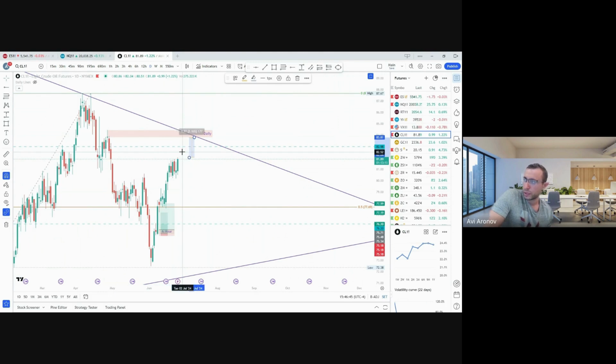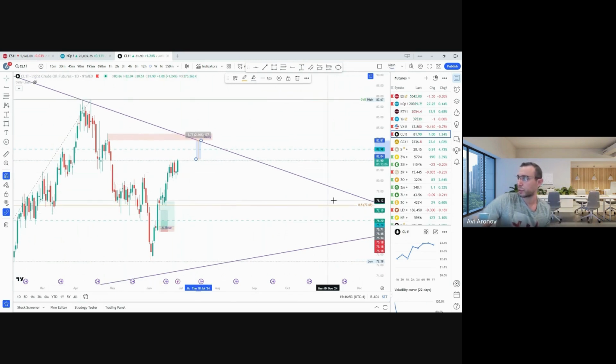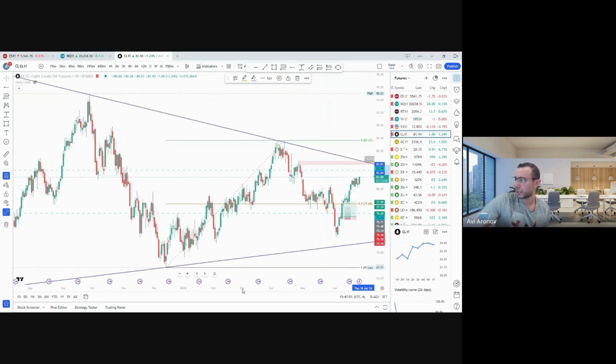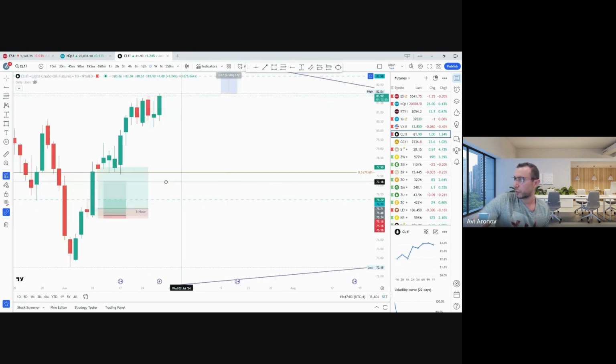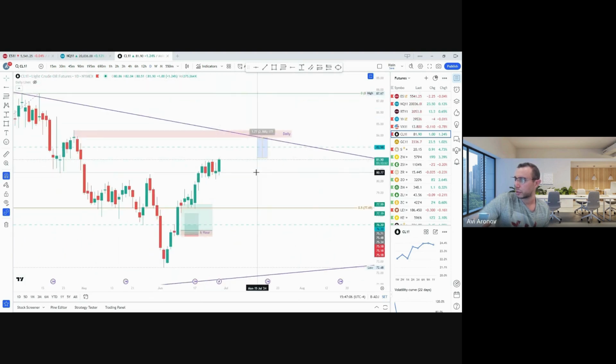Number two, let's say an example, we get here anywhere between July 15th to July 18th, then it's going to hit the zone and the trend line.